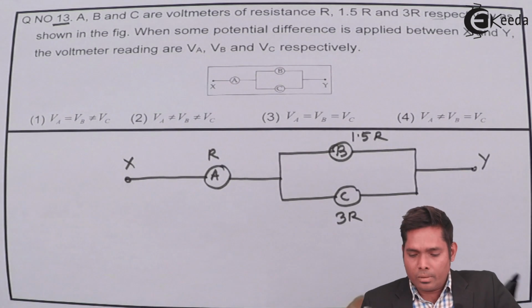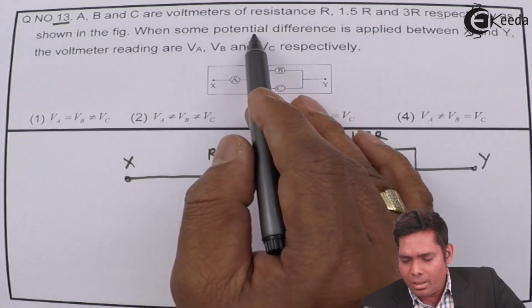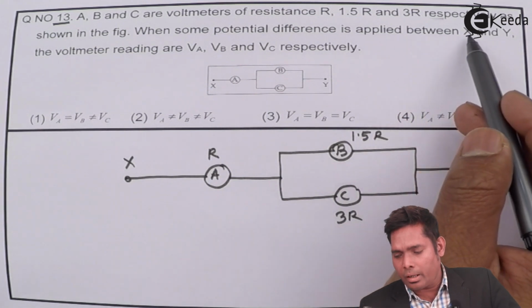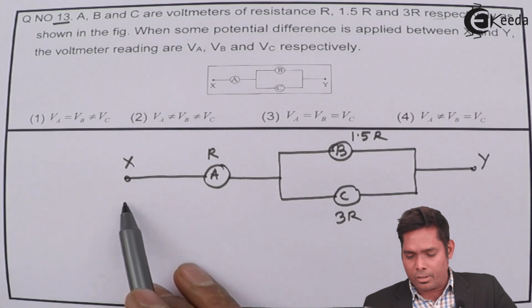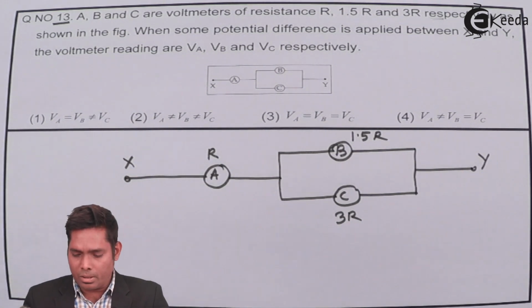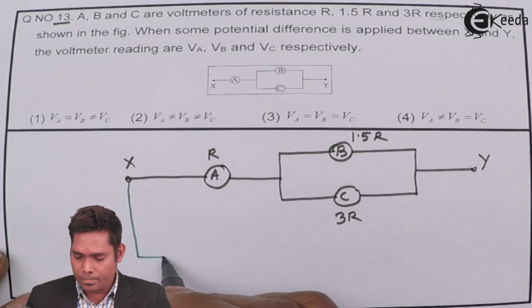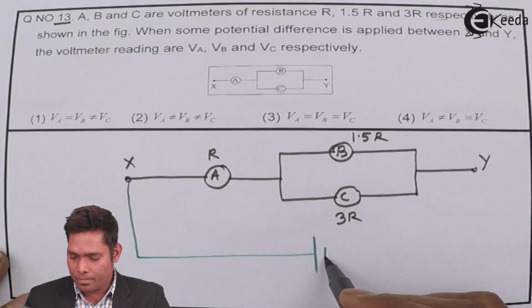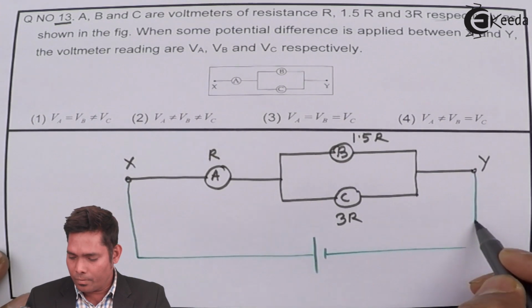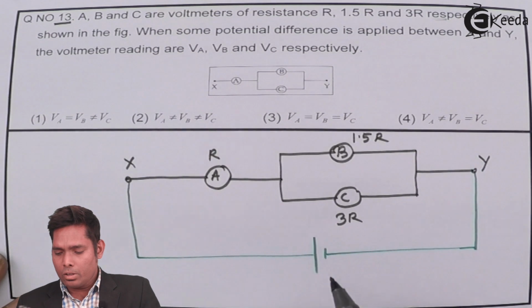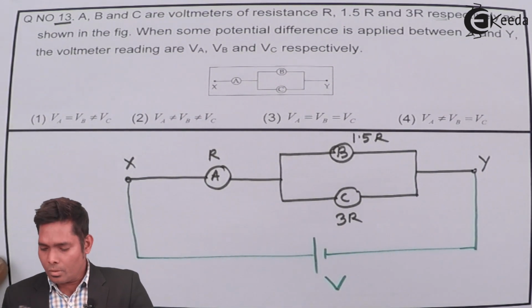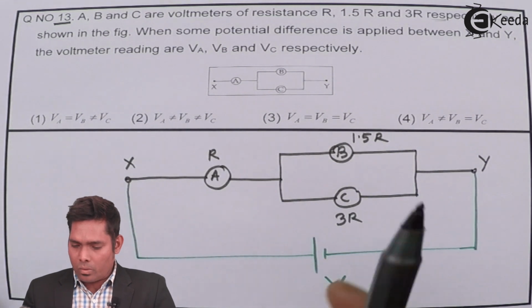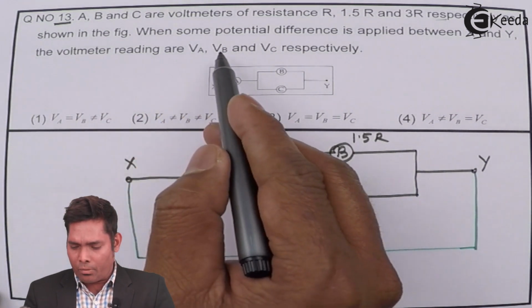As shown in figure, when some potential difference is applied across X and Y, suppose the potential difference is V. Now the voltmeters read VA, VB, VC.